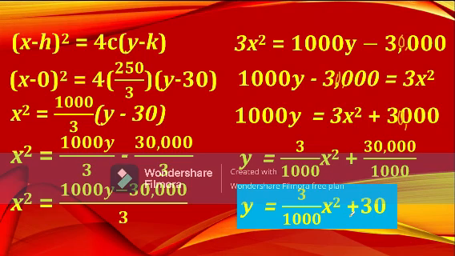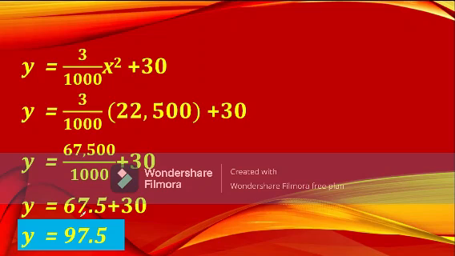So this is now our equation, and we are now ready to solve for y in terms of x. We can now solve for the height. Now y is equal to 3 over 1000 x squared plus 30.